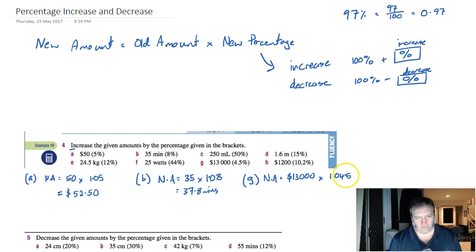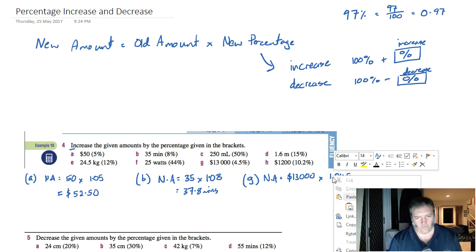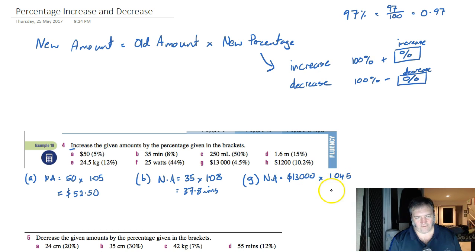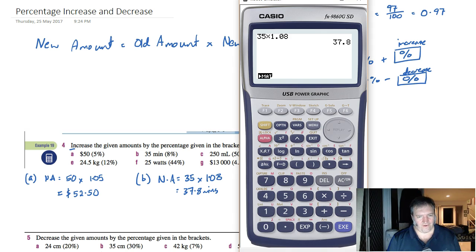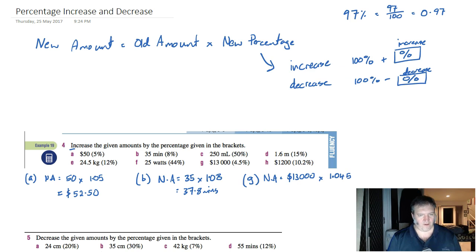So that's where the decimal point would have been if I divide it by 100, move it 2 places to the left. 1.045 is the number I've got to multiply by. So see how that's now 104.5. The 5 is like the 0.5, 104.5%. On our calculator, it becomes pretty easy. $13,585.